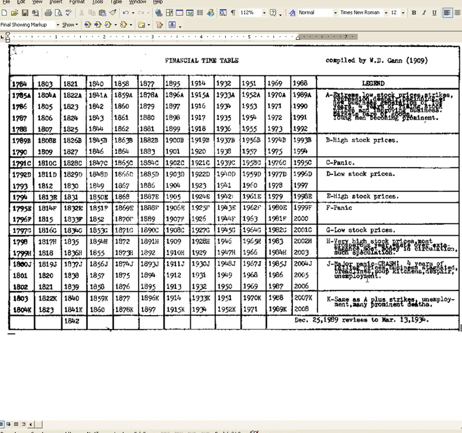All right. Now, this is the W.D. Gann Financial Time Table. Okay. And this was written in 1909, as you can see in the top right-hand corner. All right. Back then, like I said, they did not have the true node. They only had a mean node. And so as time went on, they would be further and further off in their calculations.